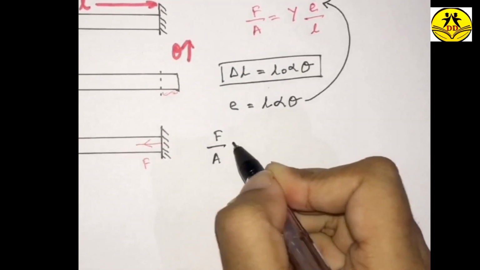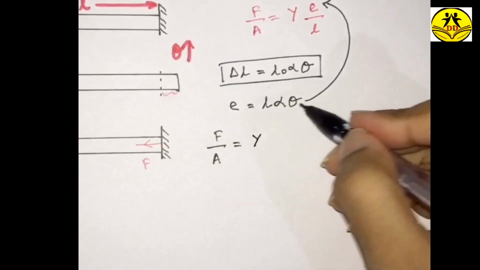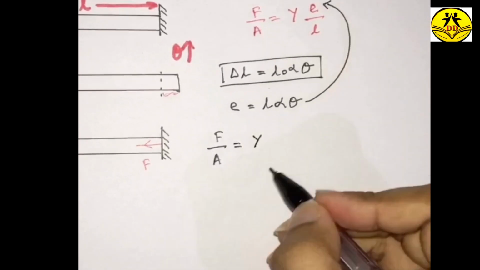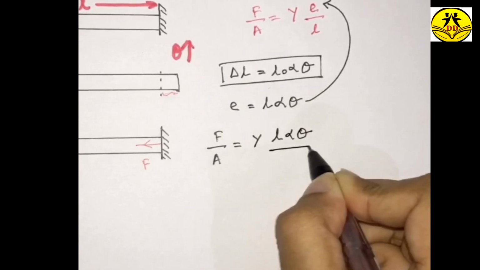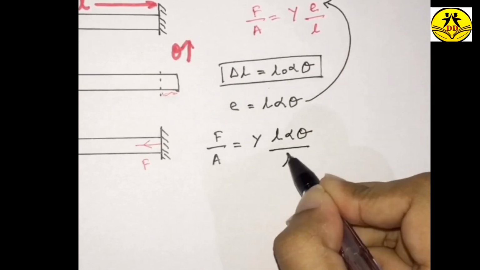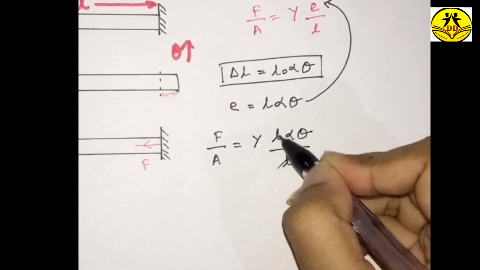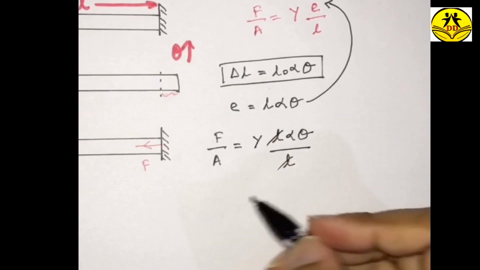F over A equals Y. For E we are substituting L alpha theta, divided by the original length L, and L and L get cancelled off.